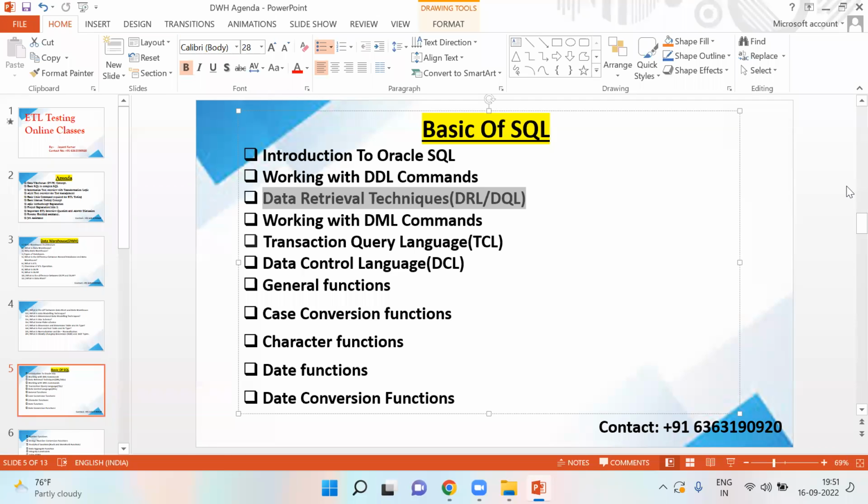A new laptop will be faster, but an old laptop also works. I'll share the Oracle SQL installation document and link in the group, with steps mentioned. Please install it after the class.